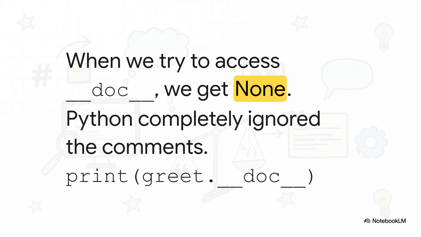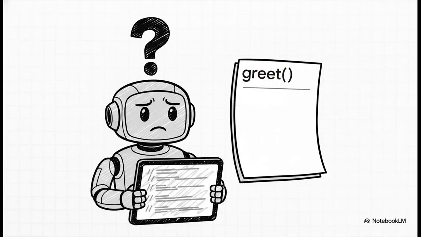The explanation is there, but it's locked away, totally invisible to any automated tools. And if we ask the built-in help system for a hand, well, it's just as confused as we are. All it knows is the function's name and what parameters it takes. It has no idea what it actually does. The whole purpose, the why, is just gone. By choosing comments here, we've lost all of that incredible built-in power.